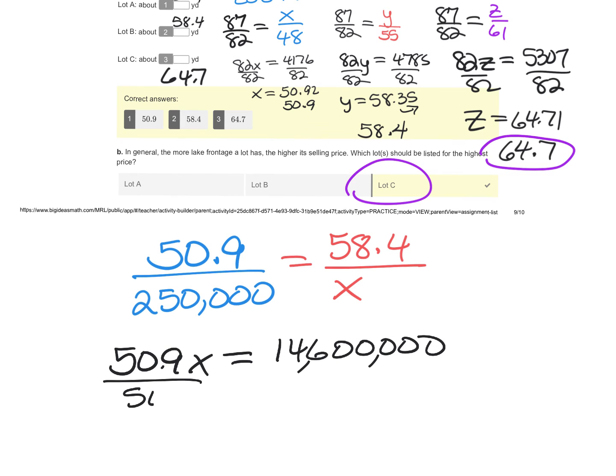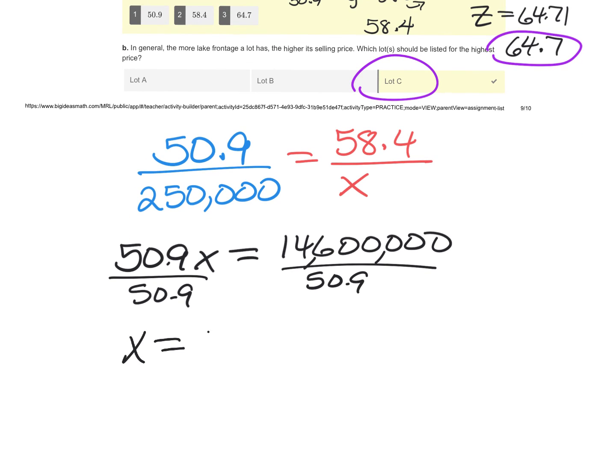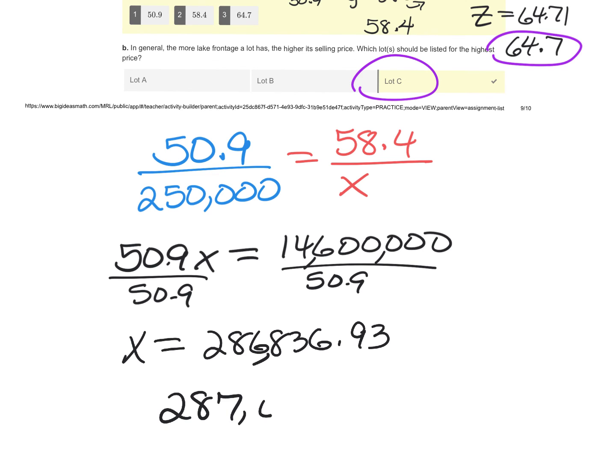We need to divide that by 50.9. And I end up getting 286,836.93. Rounded to the nearest thousand would be 287,000. That's the cost for Lot B.